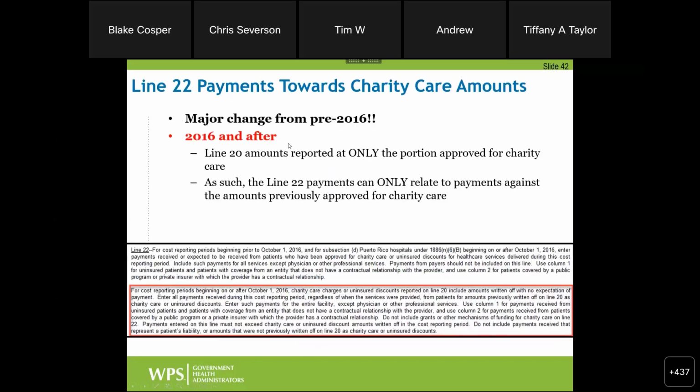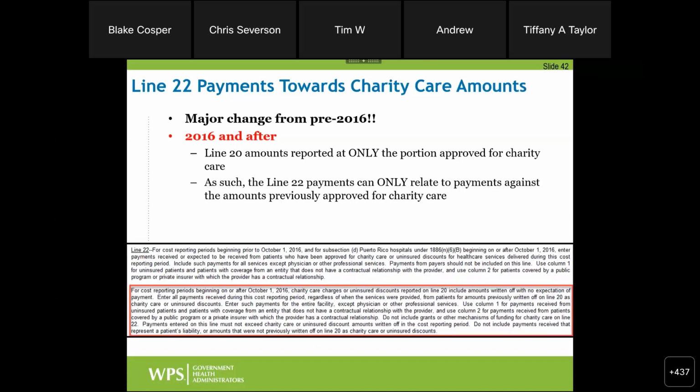I've talked quite a bit about these payments at this point, and I will bring up the pre-2016 here just to make a point. When these instructions first came out, up until 2016, what CMS basically said was on line 20, they wanted the entire charge, or the entire claim, regardless of how much was approved for Medicare or for charity care.